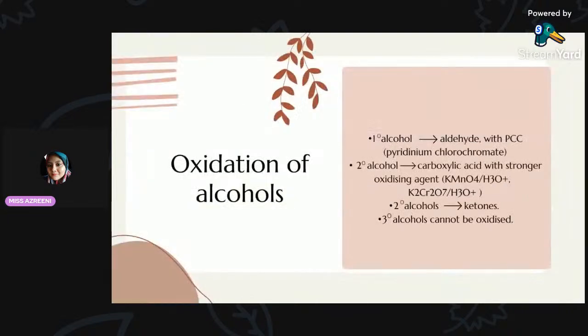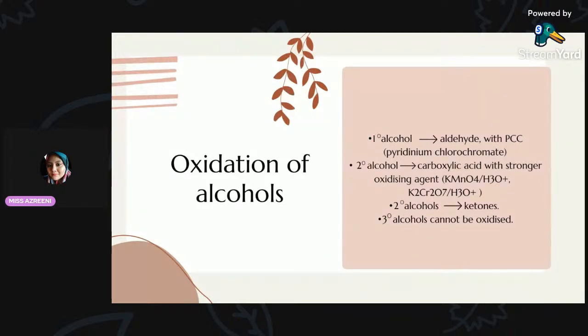Terdapat 3 jenis oxidation of alcohol yang sepatutnya student tahu, iaitu dalam primary alcohol, secondary alcohol dan tertiary alcohol. Bagi primary alcohol akan menghasilkan produk iaitu aldehyde apabila dalam keadaan PCC iaitu pyridinium chlorochromate.